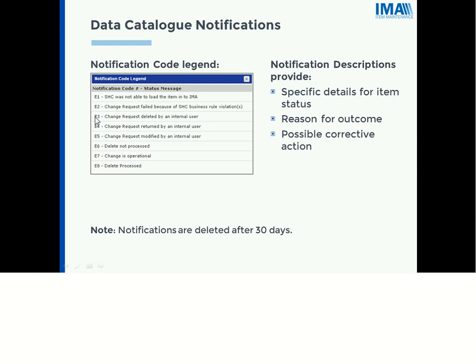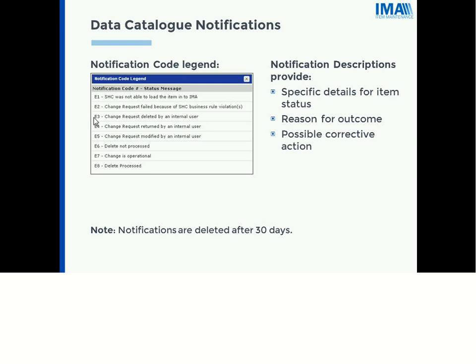If you send a change request and it syncs over properly, but it gets to an internal role, let's say it gets to the merchant, you sync over a cost. I don't think you can sync over cost changes, but you sync something over, and your merchant or your inventory analyst either doesn't agree with it, or you all decide to go a different route and you change your mind. If they delete that change request, then you will get a notification for E3.